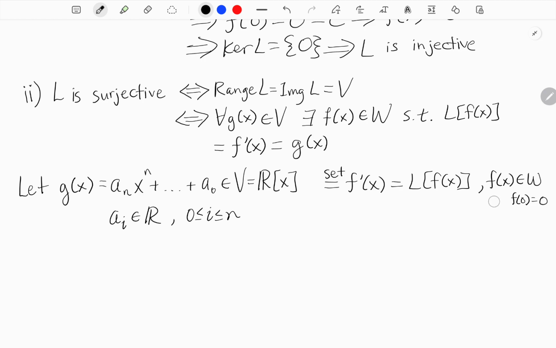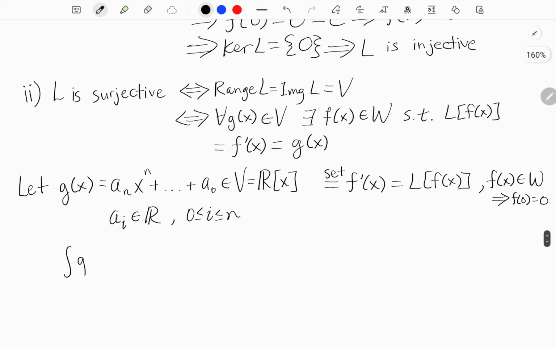By definition, for f of x to be in W, f of 0 has to equal 0. So we're trying to set g of x to be equal to f prime of x. Then what does this mean? It means that the integral of g of x dx should equal f of x.